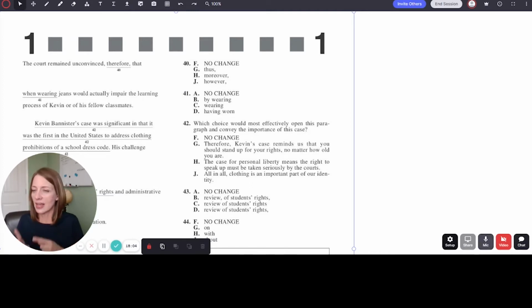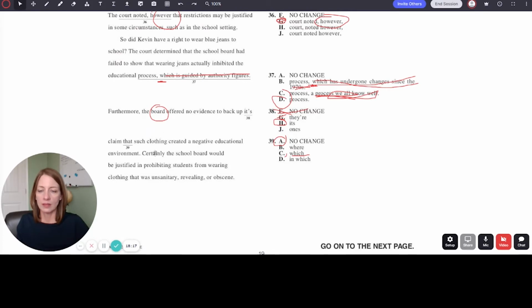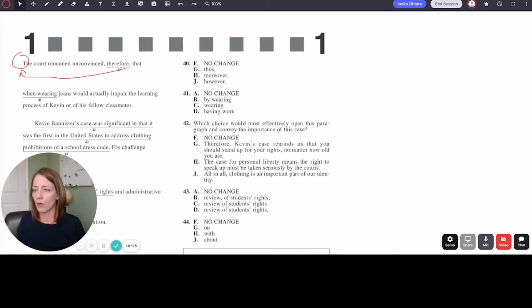I'm going to try to put this transition right here to see if it can feel a little bit better for me. Okay. The board couldn't provide evidence to back up its claim. Therefore, the court remained unconvinced that wearing jeans was a bad thing.